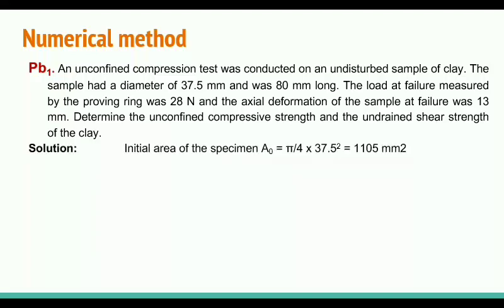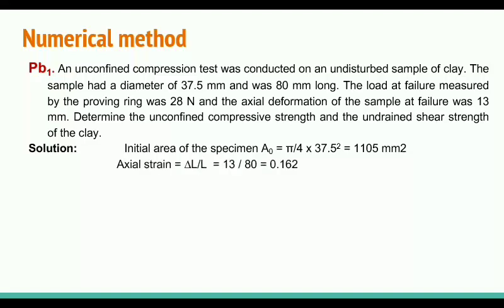Let's calculate the initial cross-sectional area of the specimen. We can write Ai or A0, both are the same for the unconfined compression test. We calculate it by pi by 4 into d square, so we get 1105 mm square.